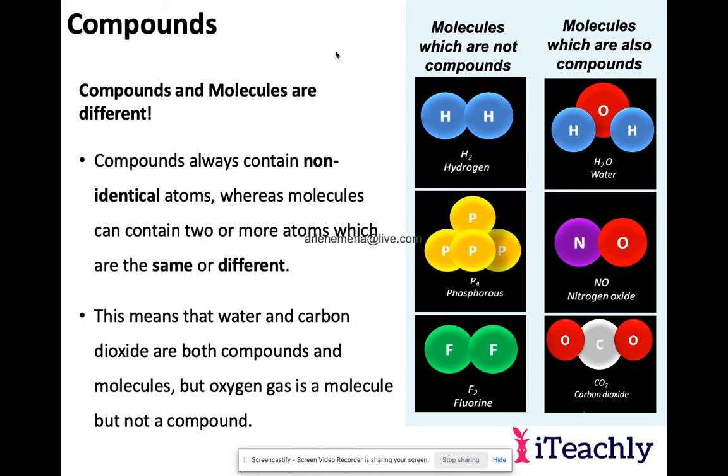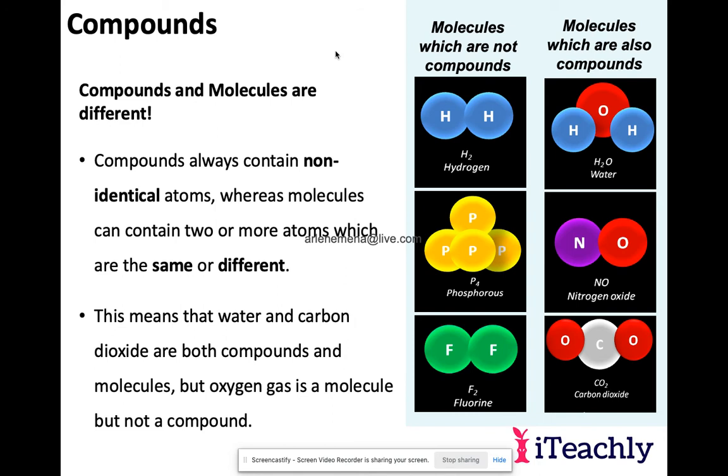So molecules, which are not compounds. So if I have two hydrogens, notice they're the same. So two hydrogen molecules together, notice I said molecules, those aren't a compound. Phosphorus, if I have those four phosphorus bonded together, those are, again, a molecule, but not a compound.